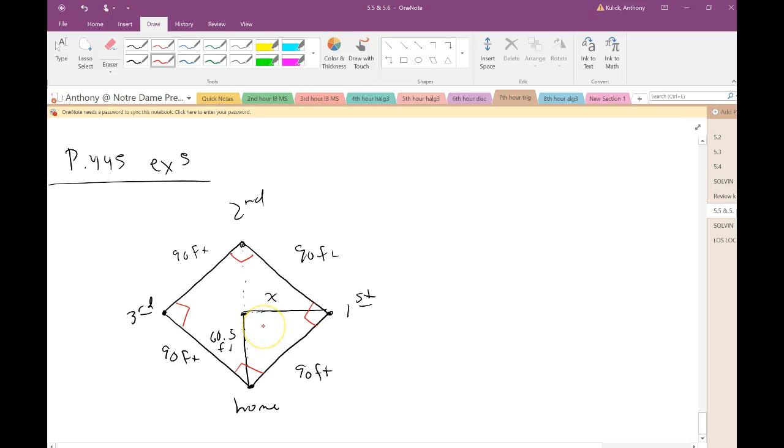Now, we do know something about the relationship between the pitcher's rubber and home plate. Those are located directly in line from each other, correct? And we know that the pitcher's rubber is, hopefully, halfway in between first and third base also, correct? Everybody's okay with that idea? So what that tells me then is that this angle is 45 degrees.